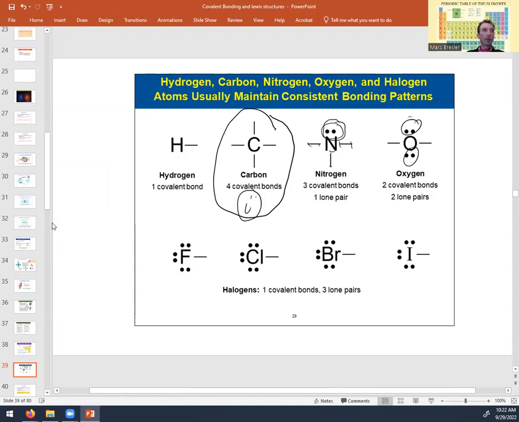Oxygen has 2 lone pairs and 2 bonds: 2, 4, 6, 8. Notice in common, they all have 8, except hydrogen is happy with 2. And the same for the halogens: 2, 4, 6, 8.